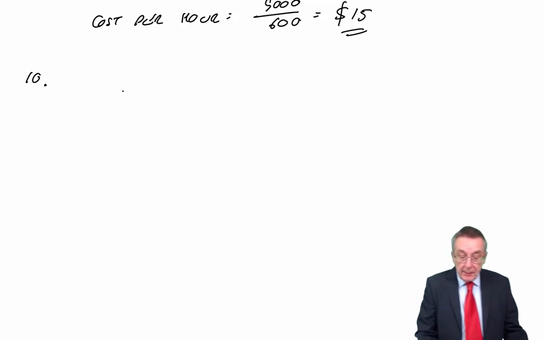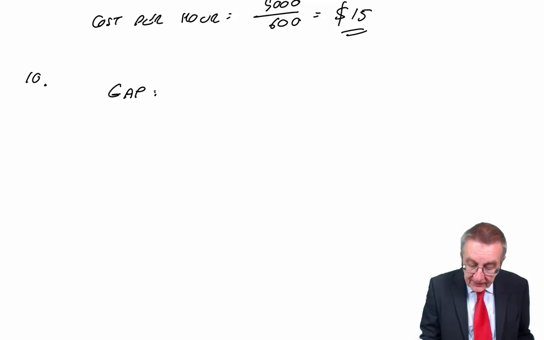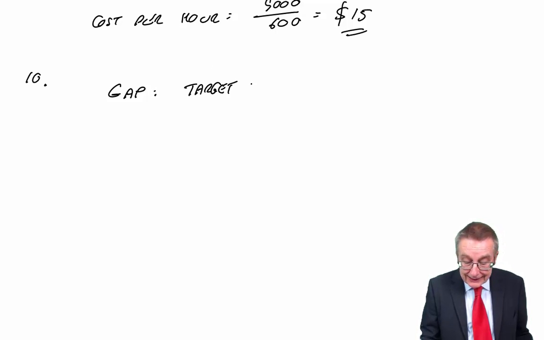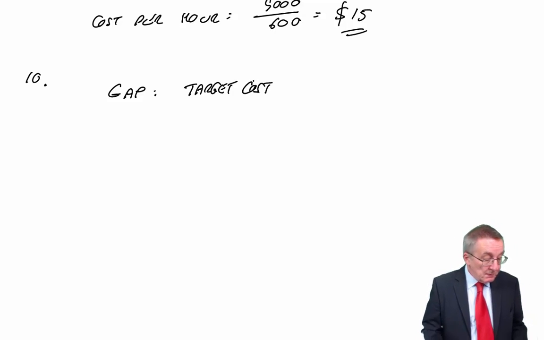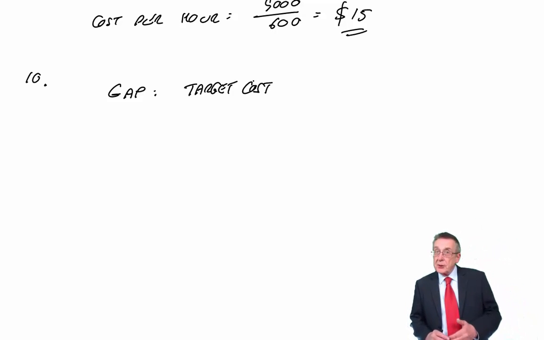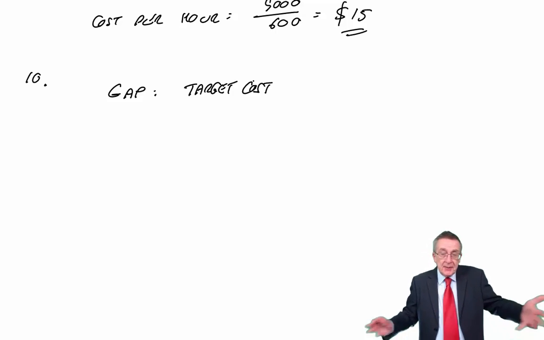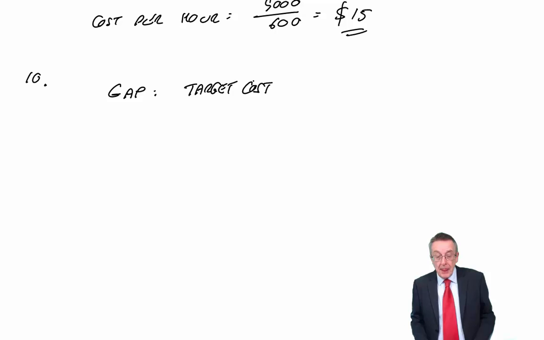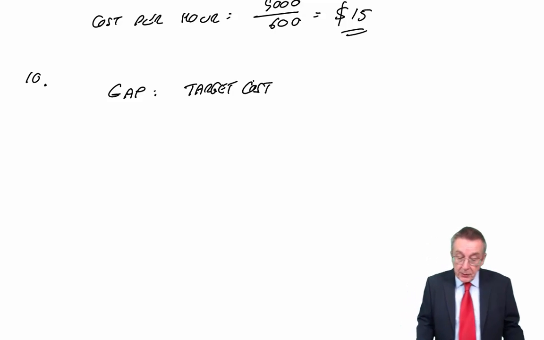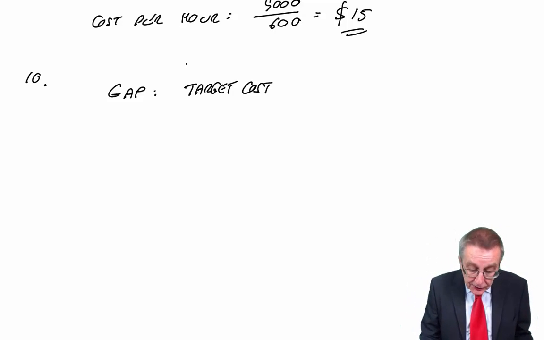Well, remember what we mean by the gap. It's the difference between the target cost, that's the cost we're aiming for, to get the cost down to whatever the target is, perhaps $10 or something, and the actual or the estimated cost.